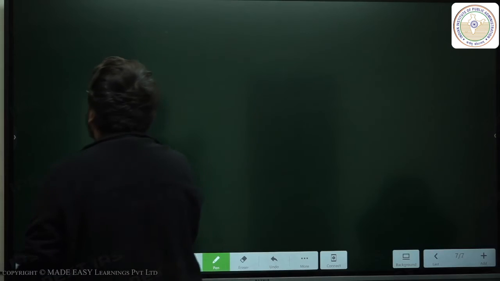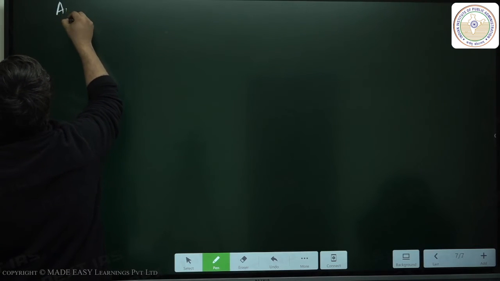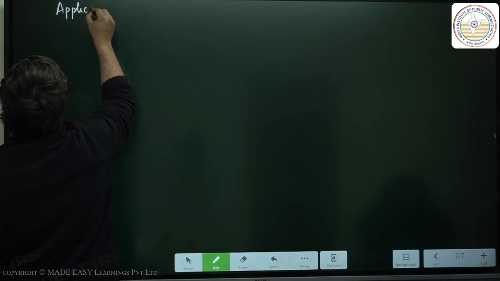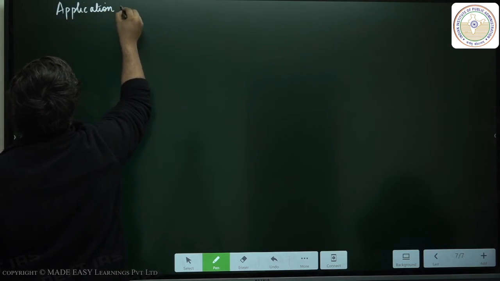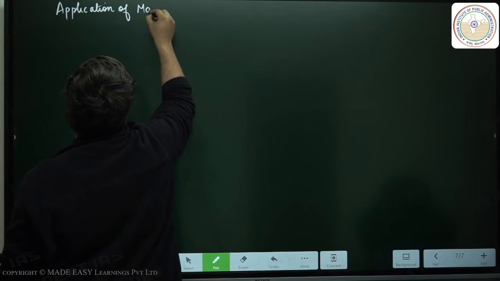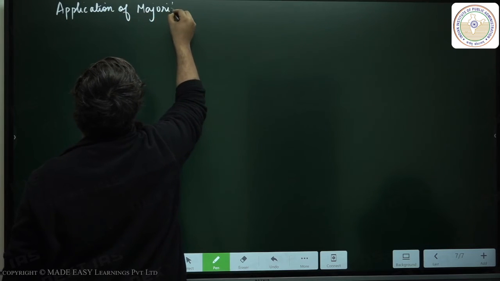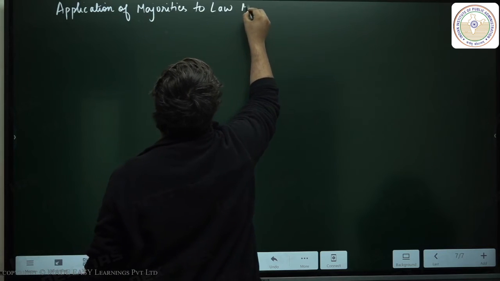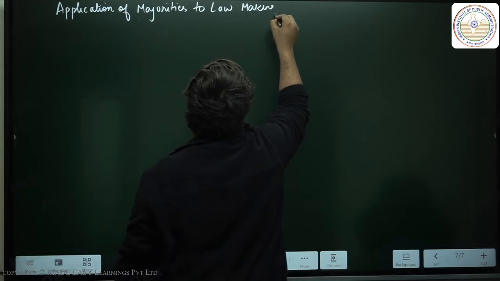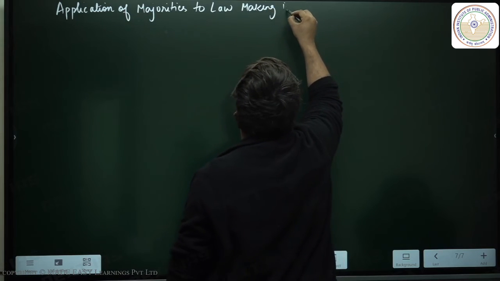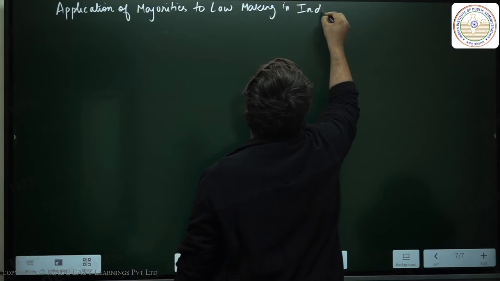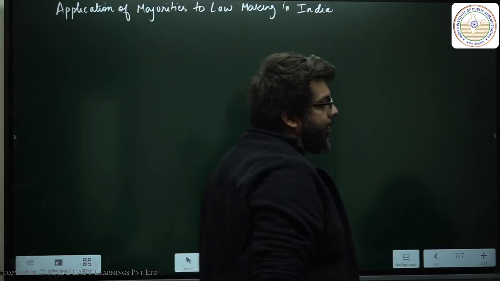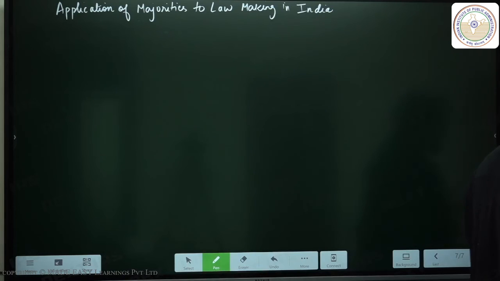Now we will understand the application of majorities to law making in India. कि भाई इस देश में कानून बनते कैसे हैं, नहीं बनते, क्यों नहीं बनते हैं, all of that.